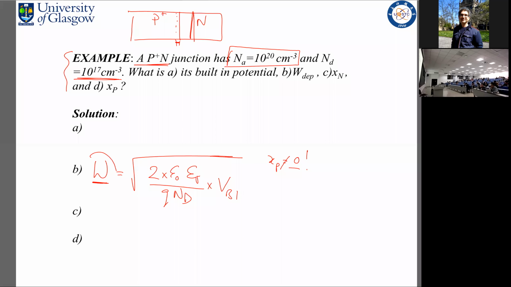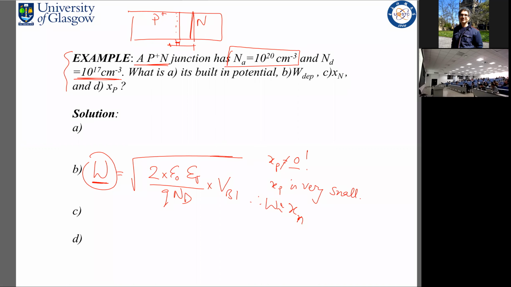We just want to calculate the total width of the depletion region, but because xp is very, very small, we say that W is approximately equal to xn. Why? Because the width of the depletion region is much, much larger in the N-type material.